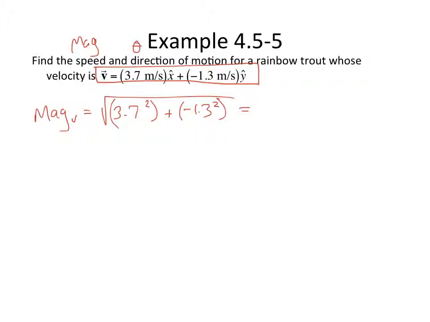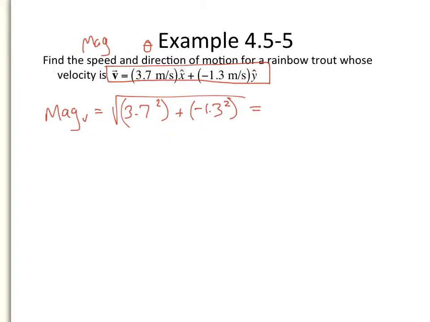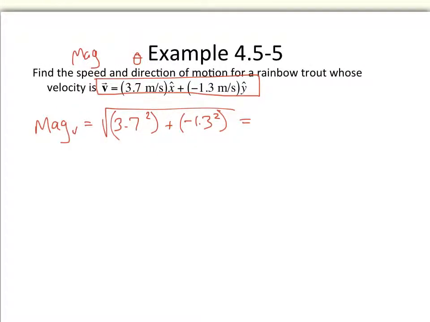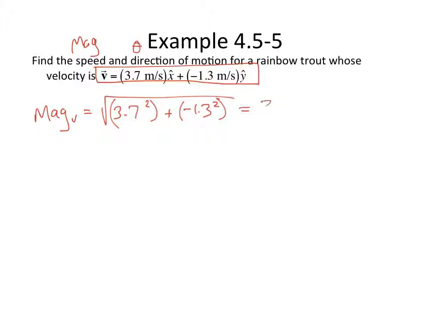What do we get? I come up with 3.9. Well, remember it's velocity, so it's got to be meters per second. That's our magnitude, the magnitude of the average velocity.